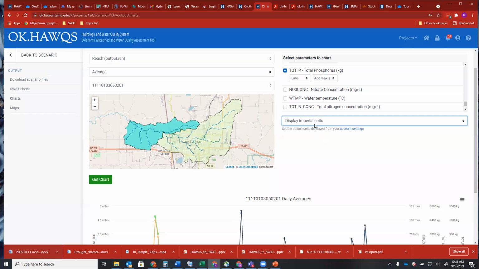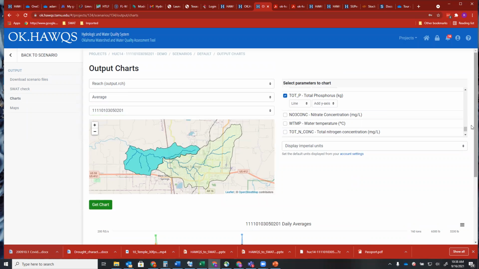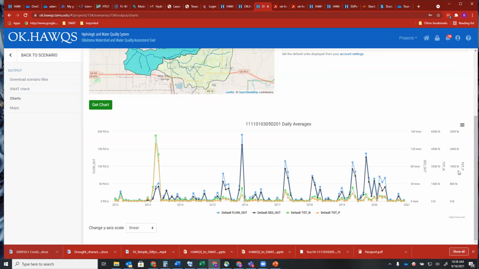So if you want the English units, just change it. If you want to make that permanent change, you can go to your account setting and change it there so that you don't have to do it for every map or every graph. So it will automatically do that for you actually. But for a specific one you want to do, you can come here and change it. And you say, get my chart. So now everything will be in pounds, English tons, or cubic feet per second, and so on. So you can change the unit very quickly.